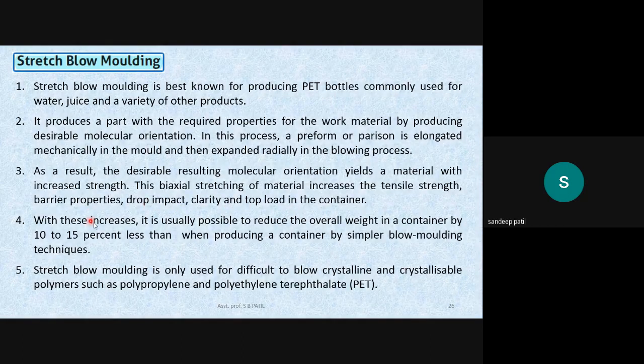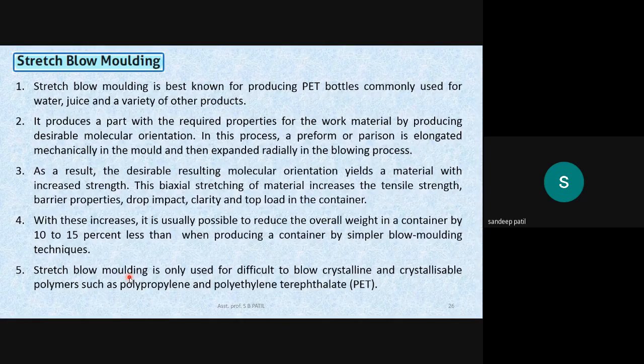With these increases, it is usually possible to reduce the overall weight of the container by 10 to 15% less than when producing a container by simple blow molding techniques. So it reduces the overall weight of that particular material by 10 to 15 percent, which makes it very handy.